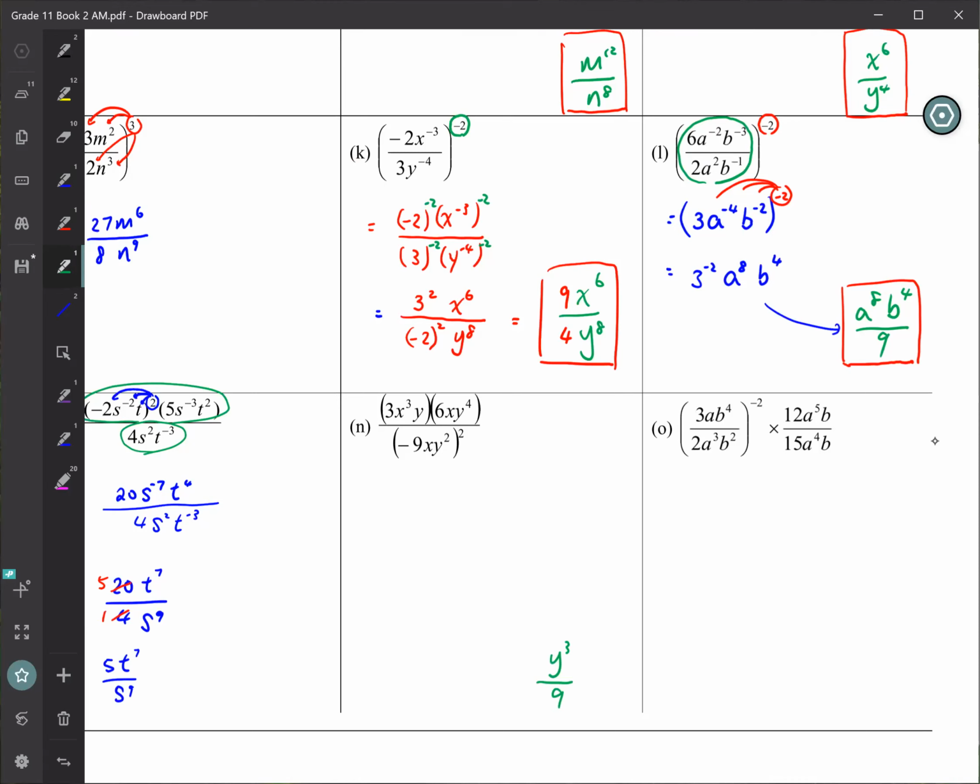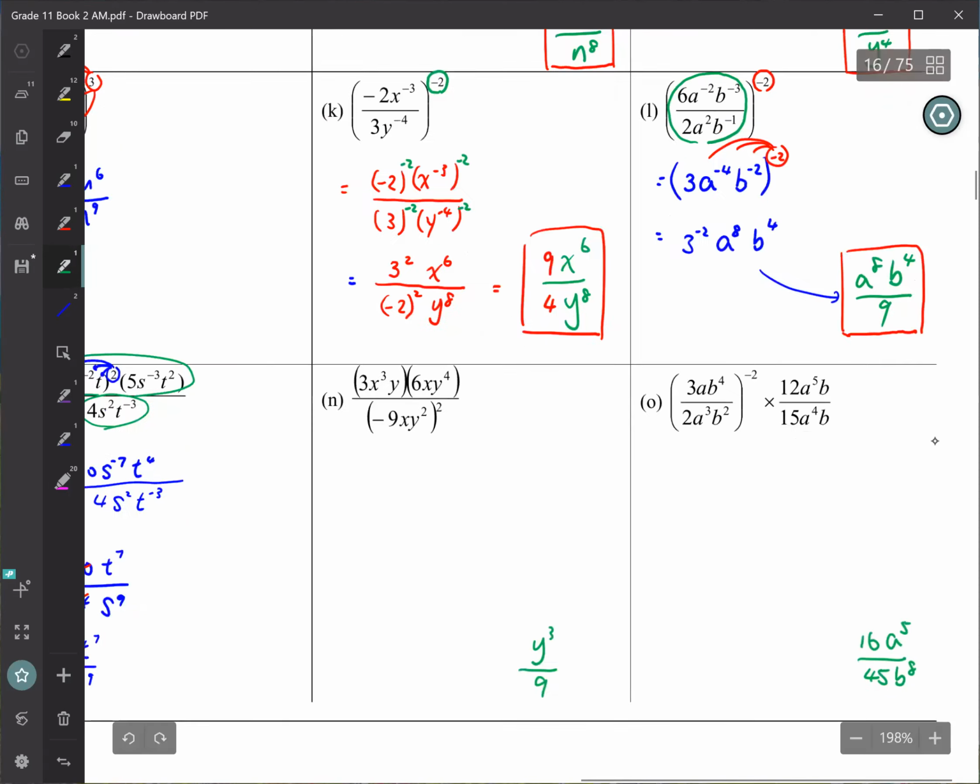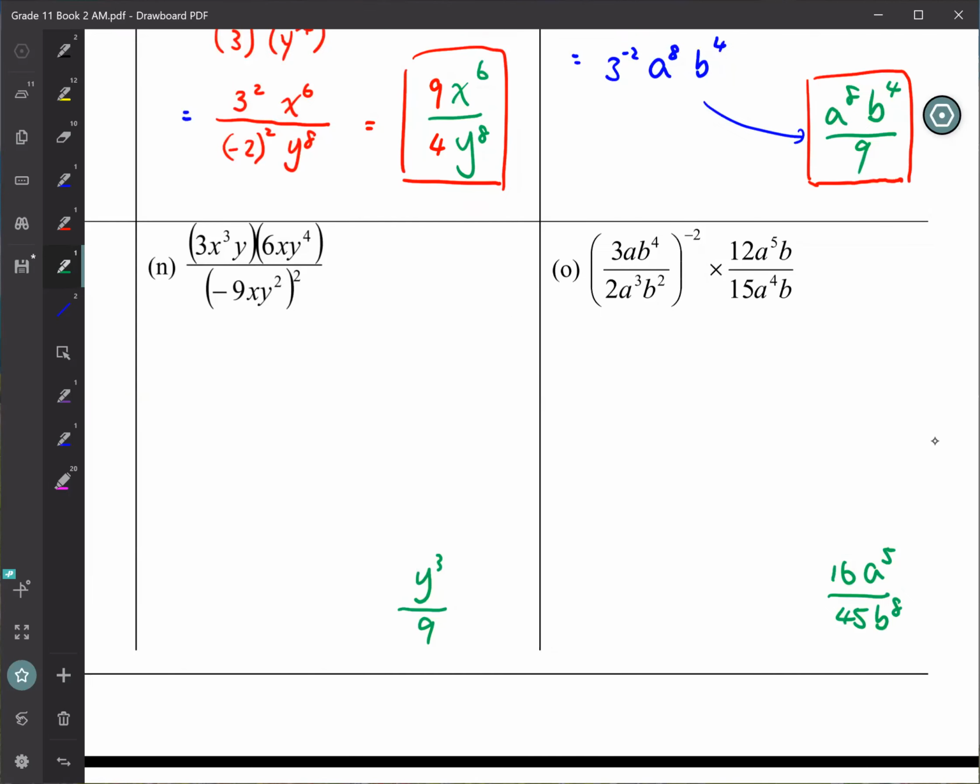Brennan, do you have O? I got 16, and then a to the power of 5 over 45, and b to the power of 8. B to the 8, like this? Yeah. Okay. Does anyone want to add to the answer? Anyone got different?